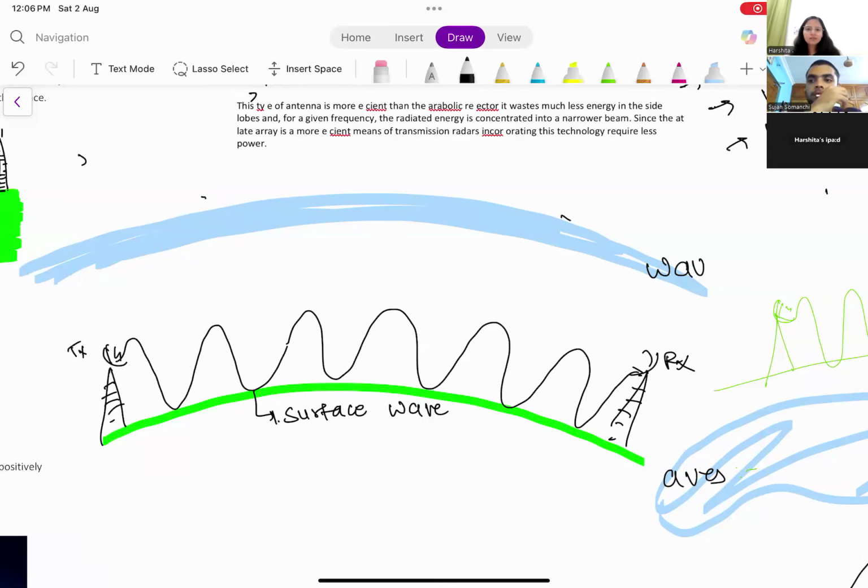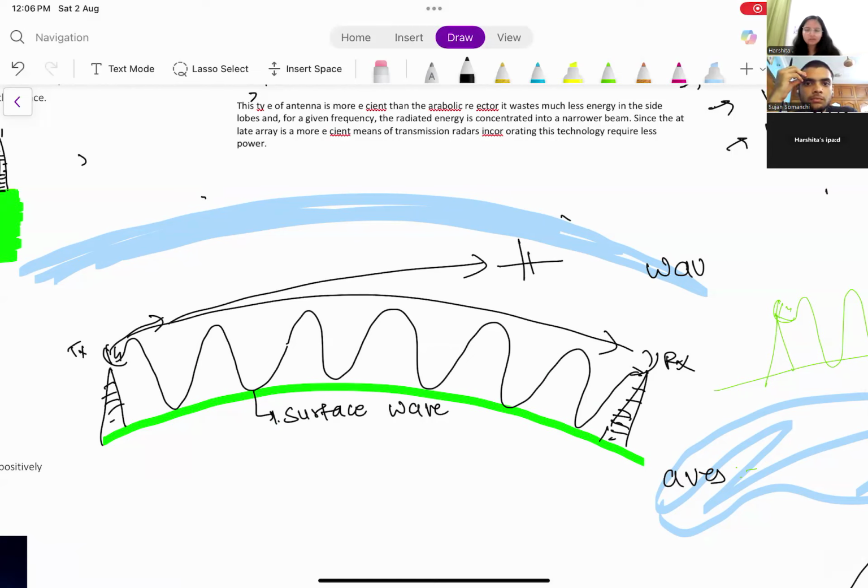Number two, we studied the direct wave. Direct wave means there was a receiver here. A receiver is basically any aircraft or any other station on the ground. If this antenna is releasing a signal, it might be reaching here and it might be reaching here also.